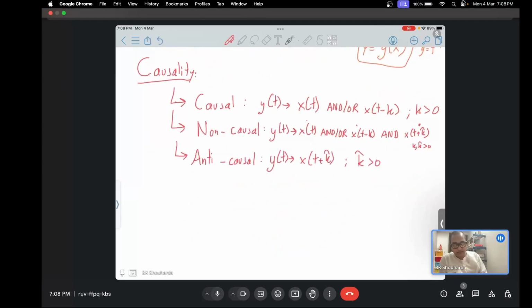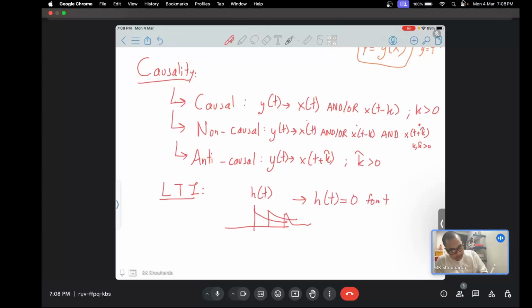And for linear time invariant systems, LTI systems, how do you determine? If h(t) is 0 for t less than 0, then it's causal.